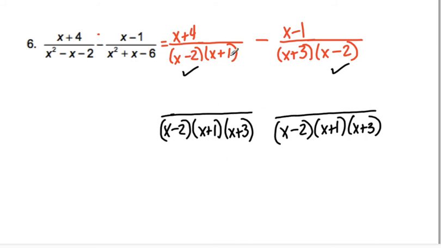So how did I get from this one to this one? I multiplied the top, x plus 4, a binomial, so I put parentheses, times the x plus 3. And then here I have an x plus 3, x minus 2, and I multiplied that by x plus 1.